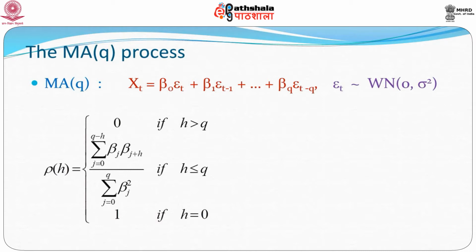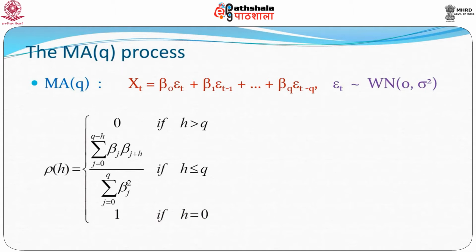and hence the covariance would come out to be 0. And then we have 1 as rho h if h is equal to 0, this is standard, and for h less than or equal to q but greater than 0, we have this ratio of the sum over j of b j plus h b j over the sum over j of b j square.